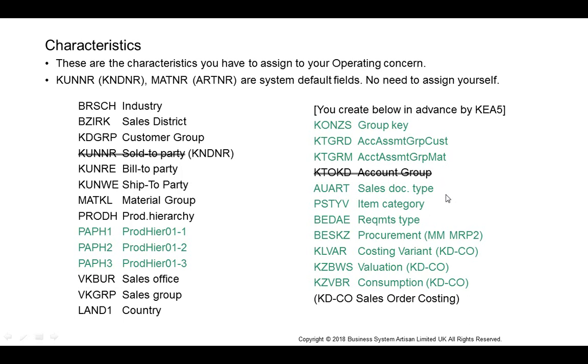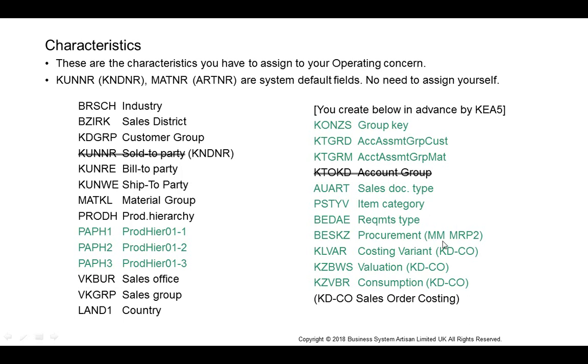And I want to put this sales document type to item category, and these 5 fields are for sales order costing. And if you're not using sales order costing, of course you don't need to add these fields. Requirement type, or the procurement code. What? This has nothing to do with sales order costing.